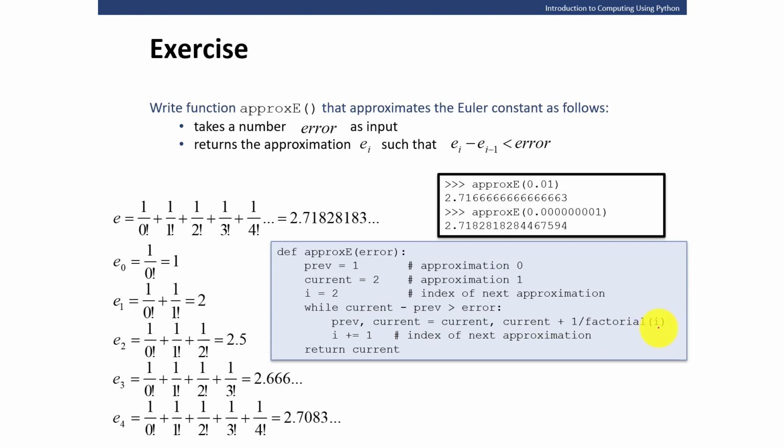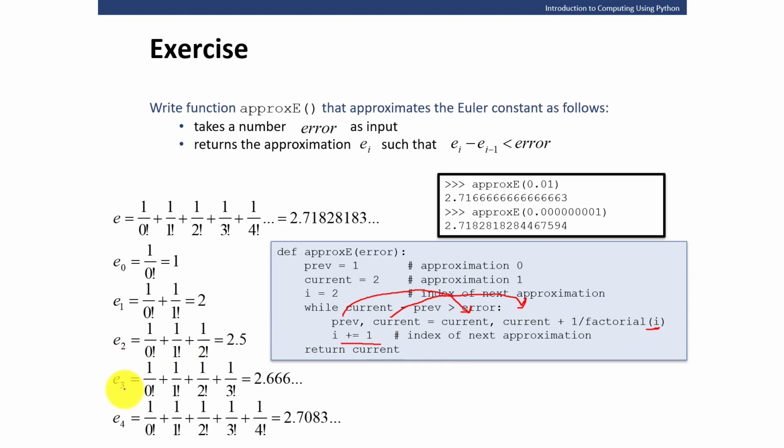Tell me, which number? The number is basically I. Each time we do this, we have to increase I, the index of the next approximation. The previous will equal the current, and the current will equal the current plus 1 over the factorial of I. So let's take a look at E3.